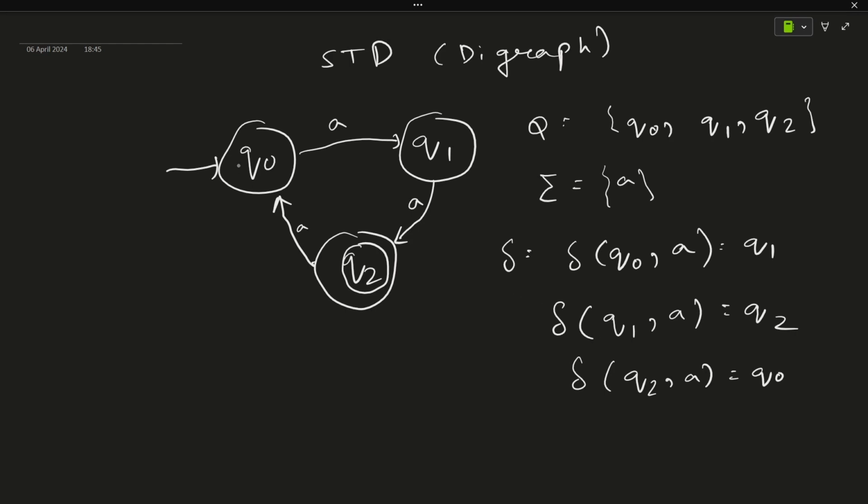Here see, Q0 on reading A goes to Q1, this is correct. Q1 on reading A goes to Q2, this is also correct. And Q2 on reading A goes to Q0, this is also correct.